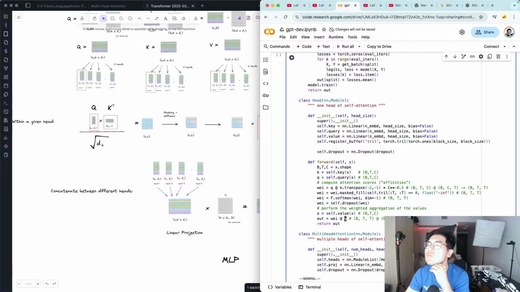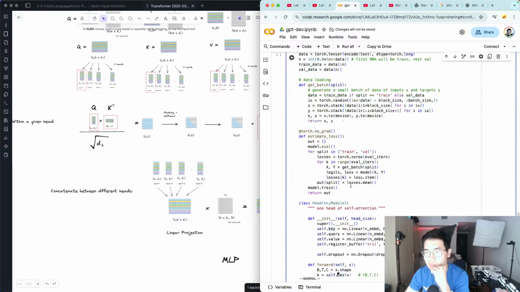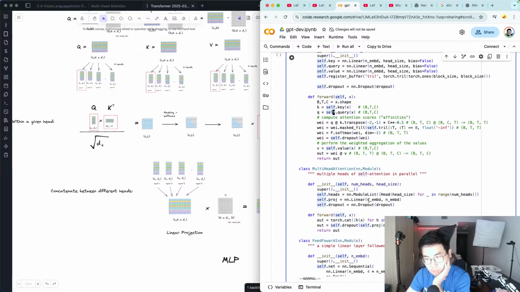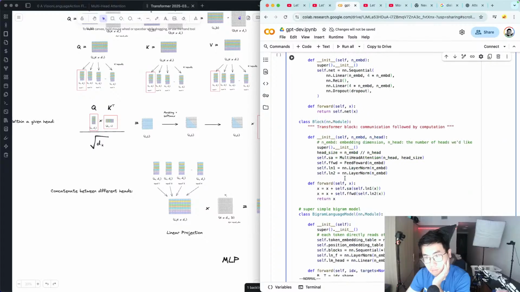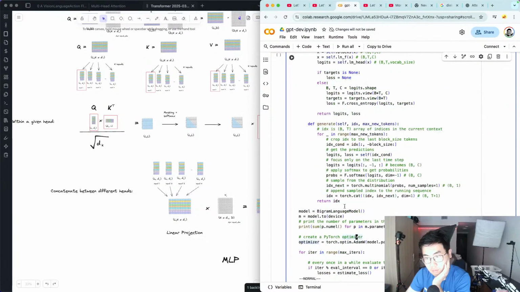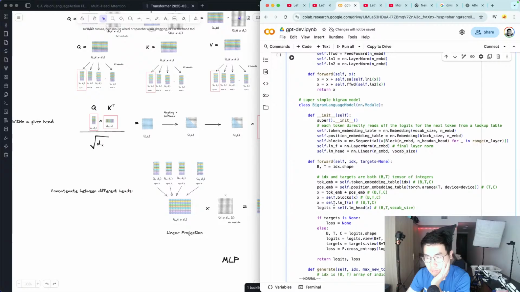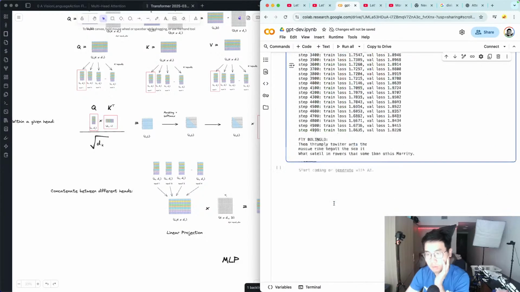That's if self.key is some weight matrix, self.key is head size. This is actually head size.